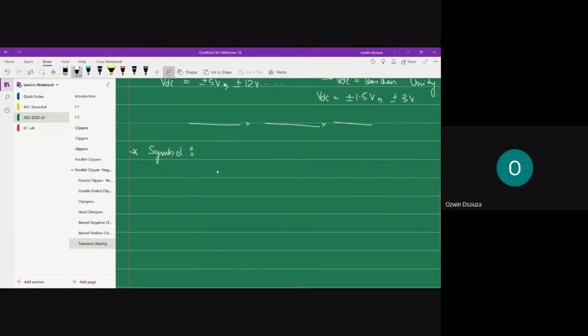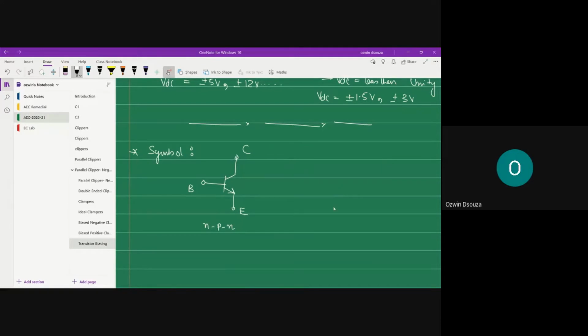Since you have two types of BJTs, we can draw two symbols for BJT. This is base, emitter, and collector. The emitter current is outward, so it is NPN.